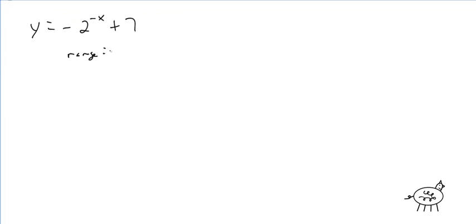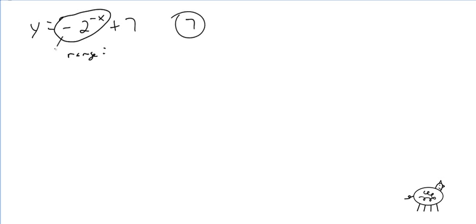The range is going to be, again, what is the smallest value this can be? Let's even ignore the negative for now. 2 to the negative x is getting closer and closer and closer to 0, plus 7 is 7. So one part of that range is 7.